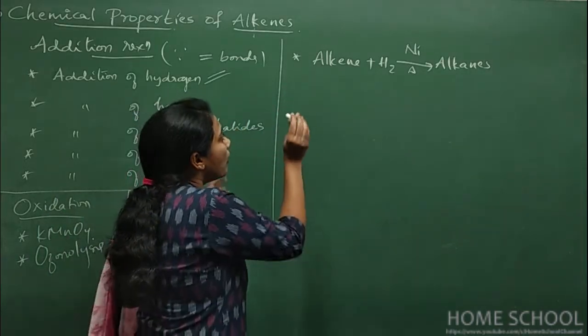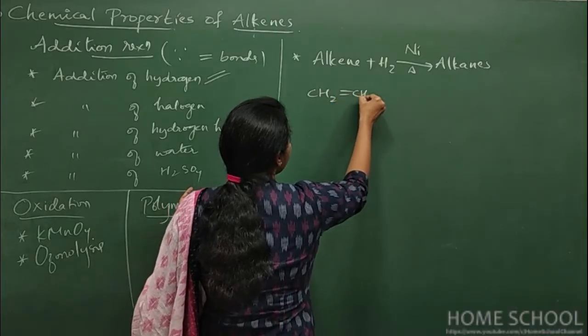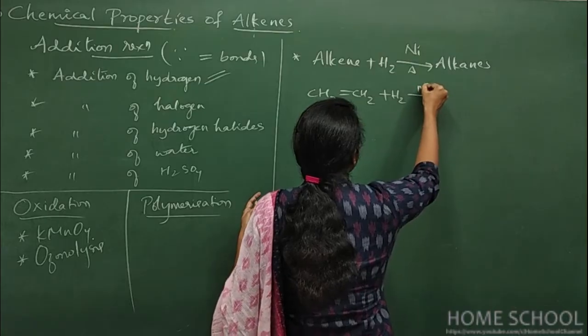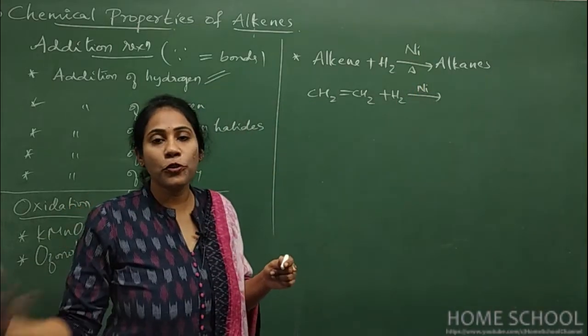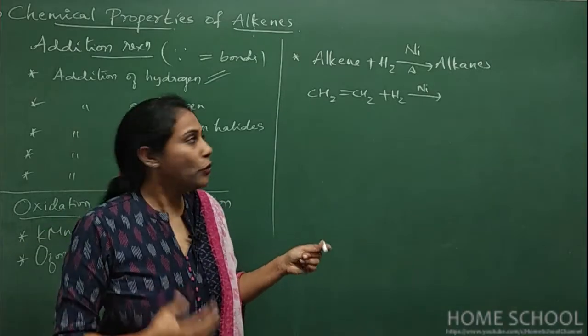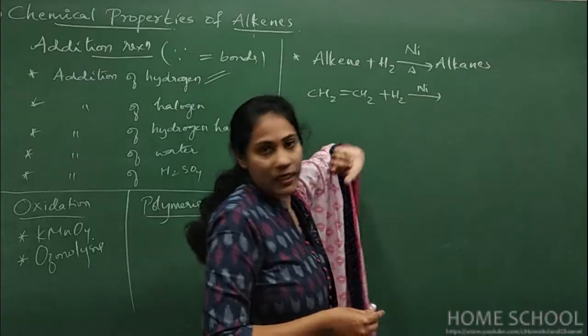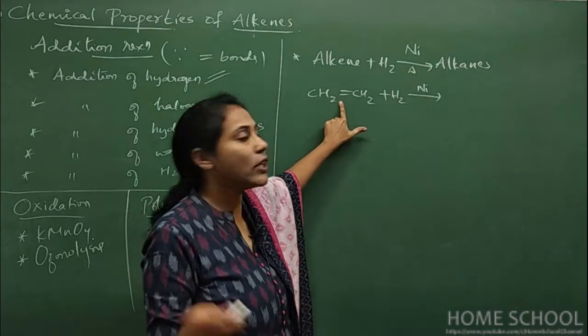So if you want an example, you can write any example here. Let me take ethene here. Okay, and I'm adding hydrogen in presence of nickel. Not only nickel, you can also use palladium, rhodium, or platinum catalyst instead of nickel. So commonly we take nickel as a catalyst. So when you add hydrogen to alkene, what happens?